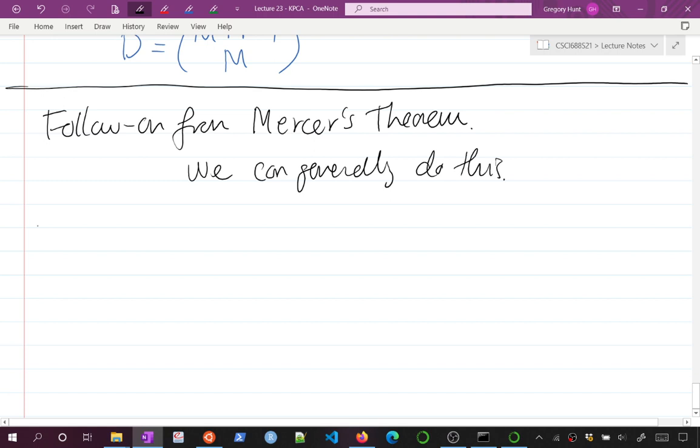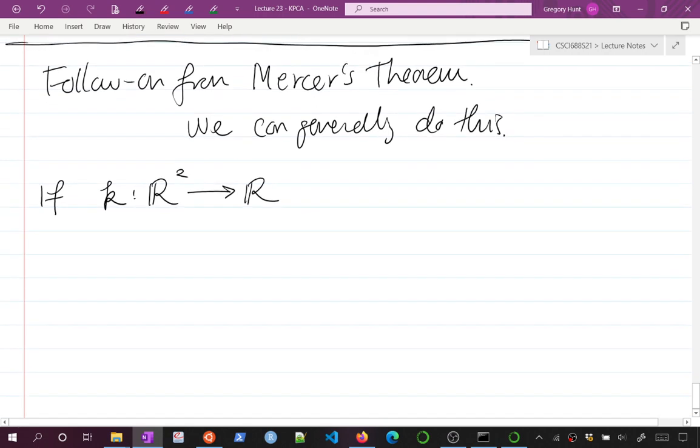And specifically, what it's going to say is that if I have some function little k, and it's a 2-variable function, so it takes me from R2 to R, and it has the following properties.